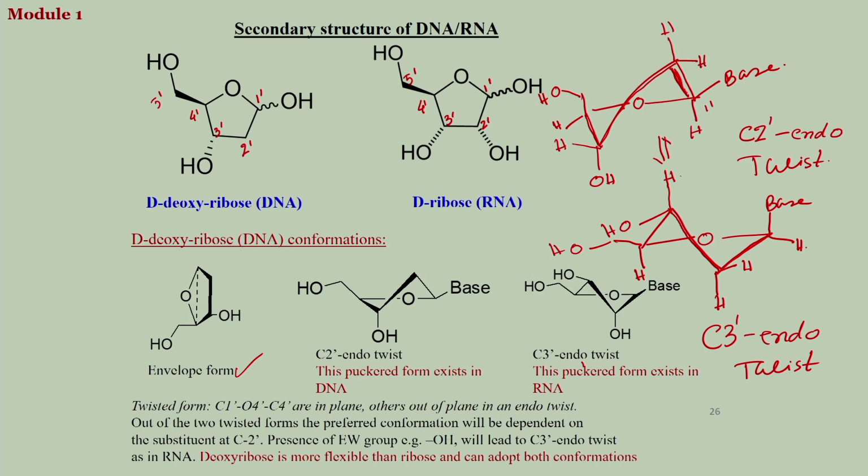So, if you look at the DNA, there is another factor that I will talk about. C2 prime endo twist, which is this form, will be the predominating or the favorable form for DNA, because although you have this in axial position, the nucleobase present here is better off.